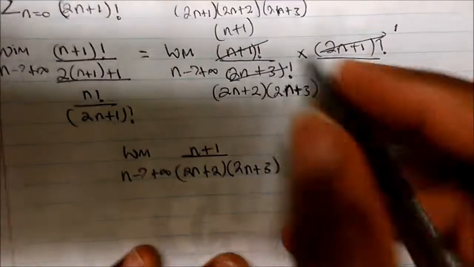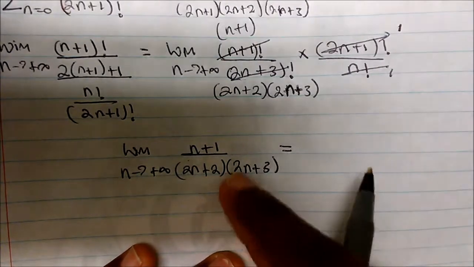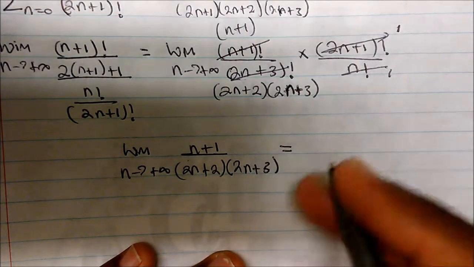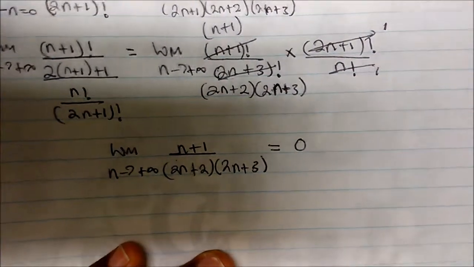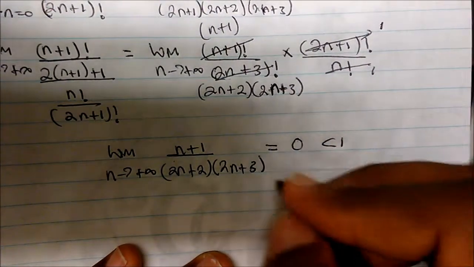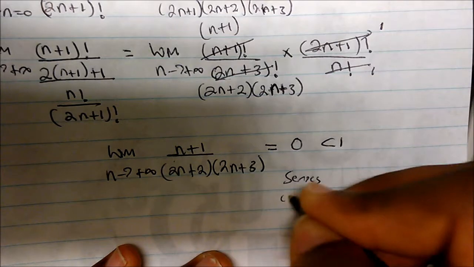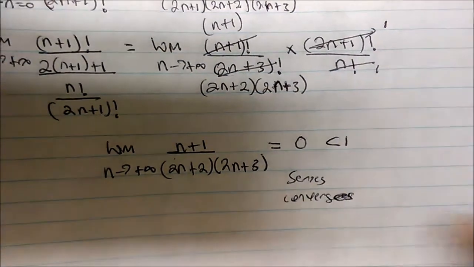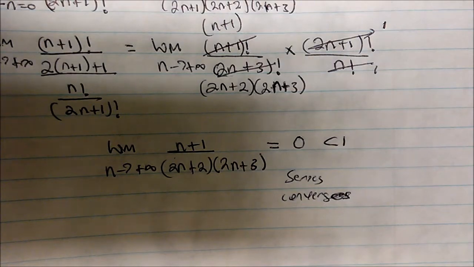Okay, and so the idea is that we should know by now that if the highest power is in the bottom, well, that's going to go to 0 faster. And so in fact, this limit is actually 0, which is actually less than 1. So we can conclude that the series actually also converges.